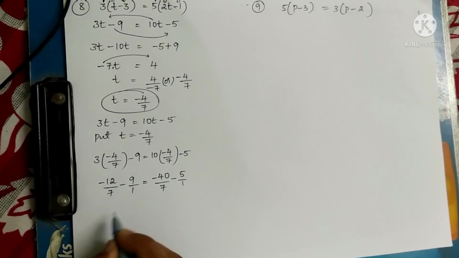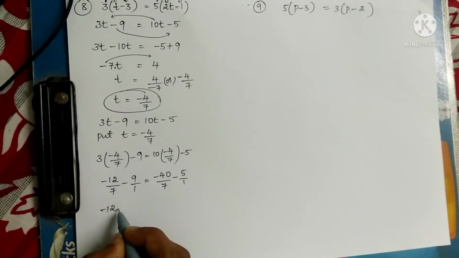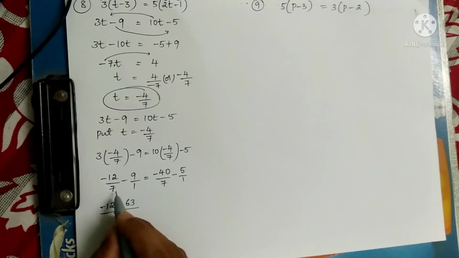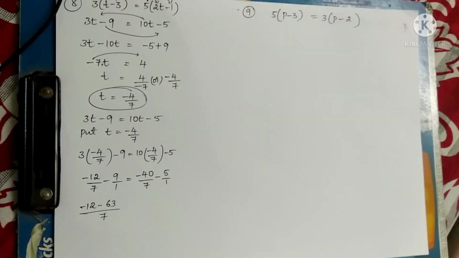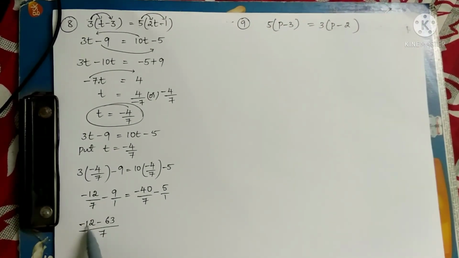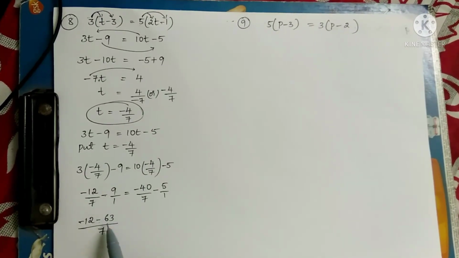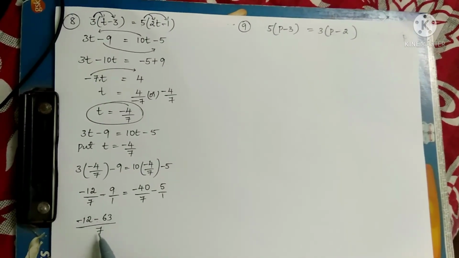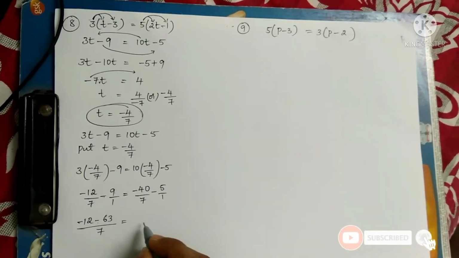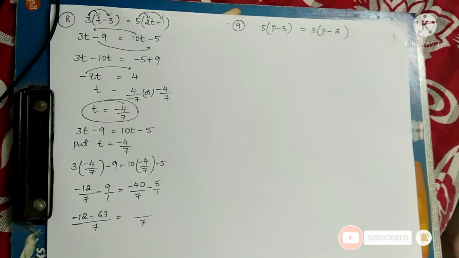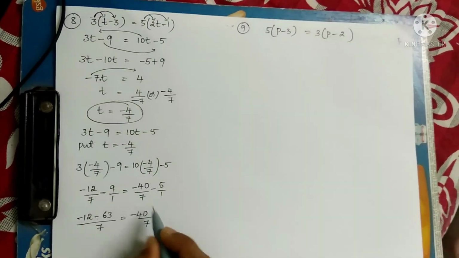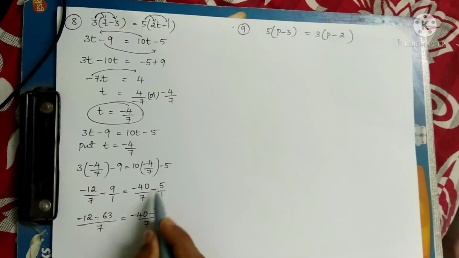Minus 12 into 1 is minus 12, so minus, as it is, 7 9s are 63, divided by the LCM 7. Here we are cross multiplying. Minus 9 7s are 63. On the RHS the LCM is again 7, and by cross multiplying, minus 40 into 1 is minus 40, minus, as it is, 5 7s are 35.